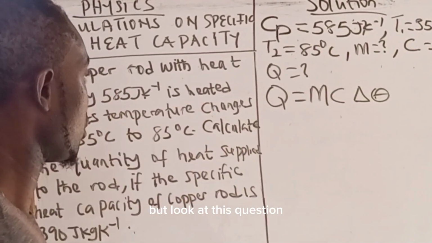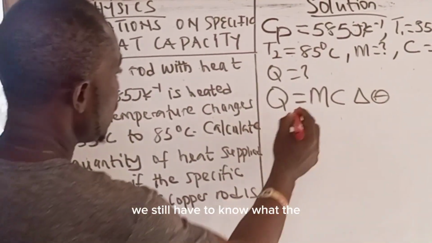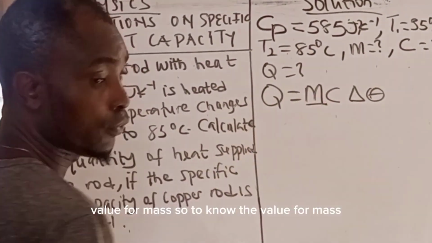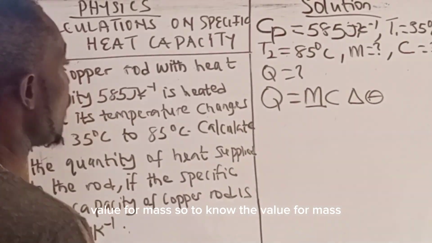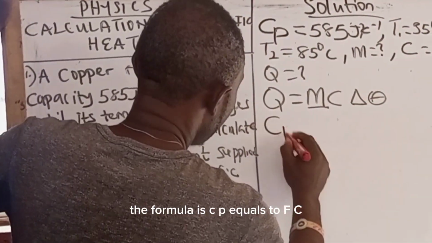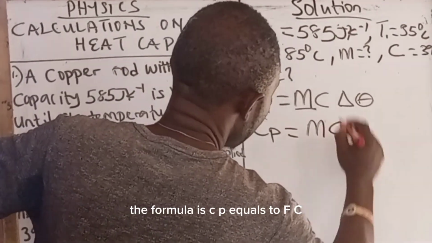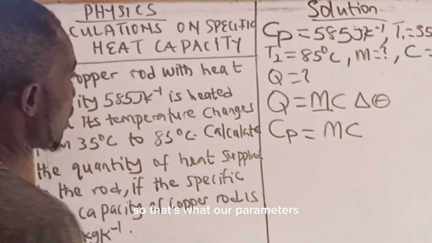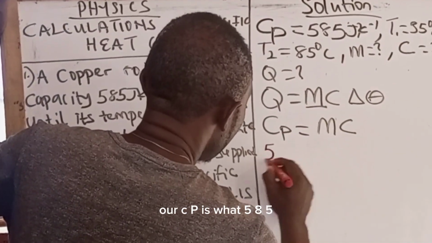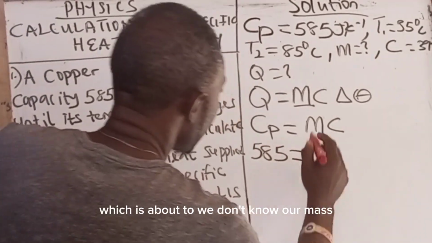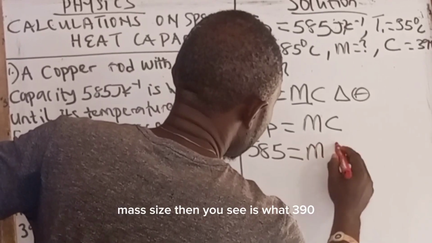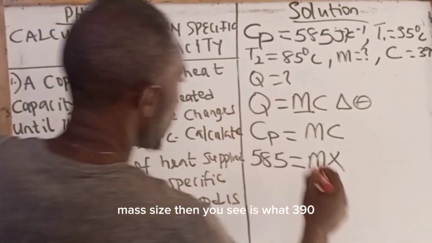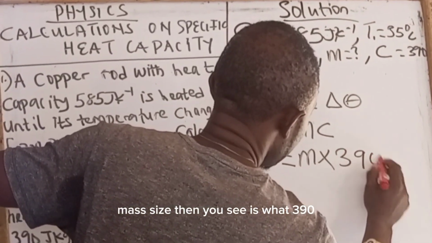But if you look at this question, we still have to find the value for the mass. To find the mass, the formula is Cp equals M times C. So let's put in our parameters. Our Cp is 585, which is equal to our unknown mass times C, which is 390.